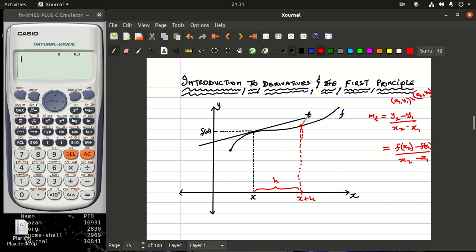And the output of this point, or the image of this point here, is not that hard, because you take this x value and plug it into this function, so that you end up having f of x plus h.